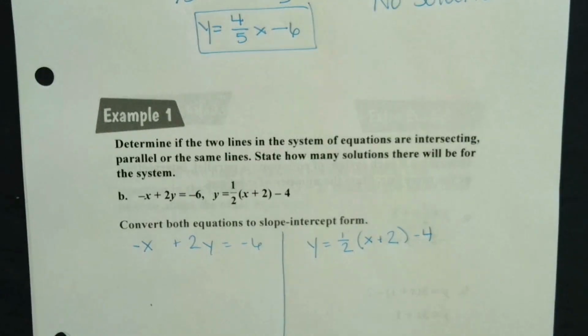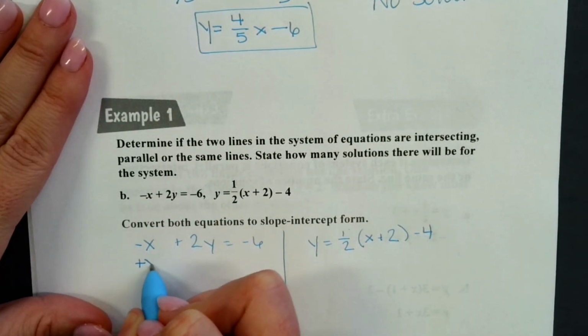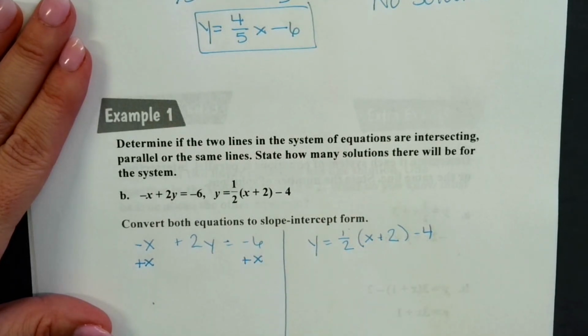All right, so let's get these into slope-intercept form. I'm going to add the x, add the x. So I now have 2y equals x minus 6. Is y alone yet? What would you like me to do?